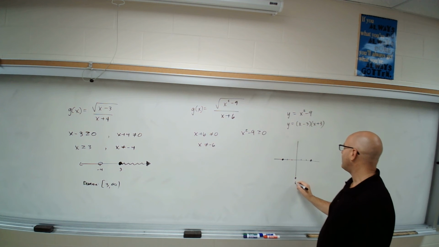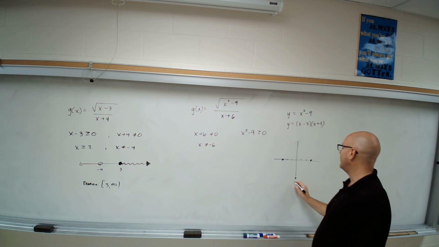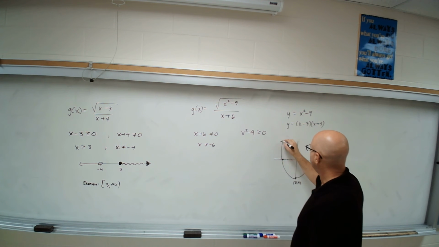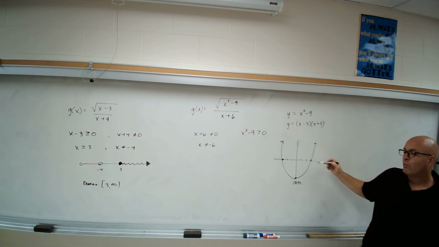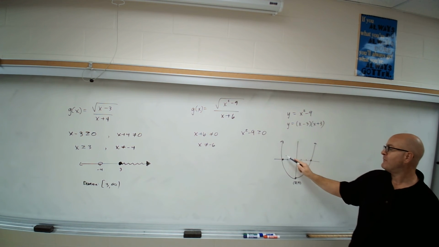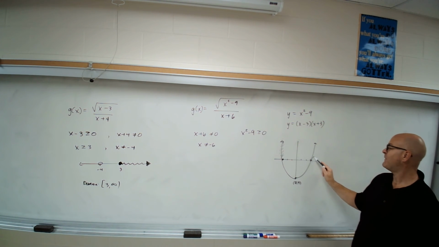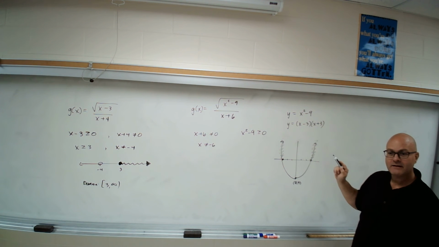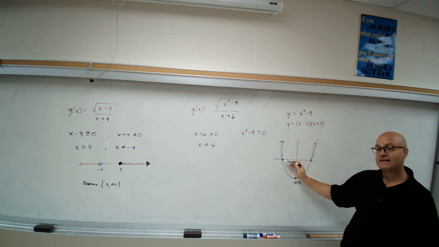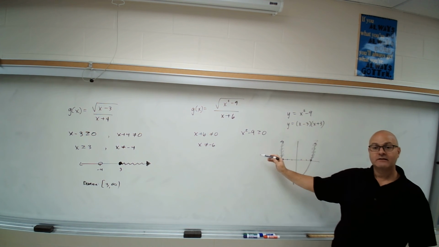Down here you're at 0, negative 9 for the vertex. So if you look at this, when is it greater than or equal to 0? Well, that would be all these places, correct? That would be when x is 3 and larger, and when x is negative 3 and smaller.